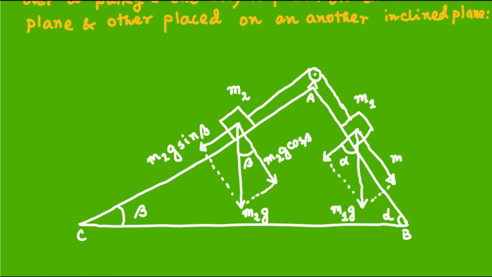This angle will be alpha because angle ABC is also alpha. The component parallel to the inclined plane AB is m1g sin alpha, and the rectangular component perpendicular to the inclined plane AB will be m1g cos alpha.